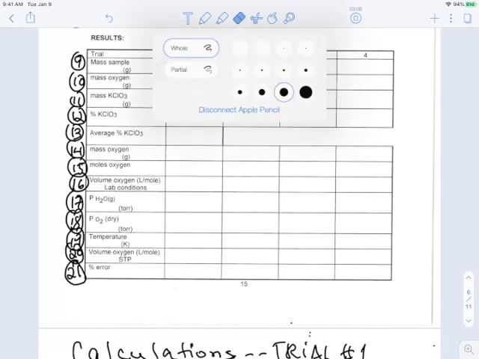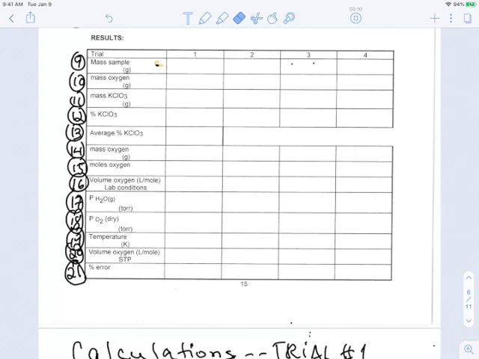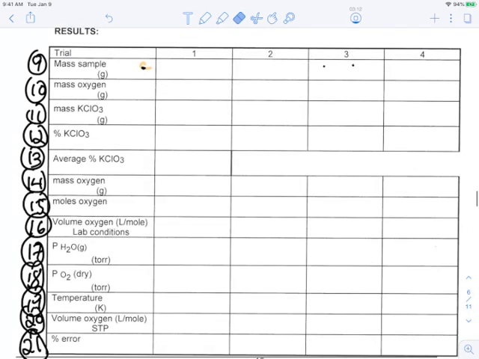All right, erase that. Let me see if zooming this up will help me out here. Zoom in a little bit here.